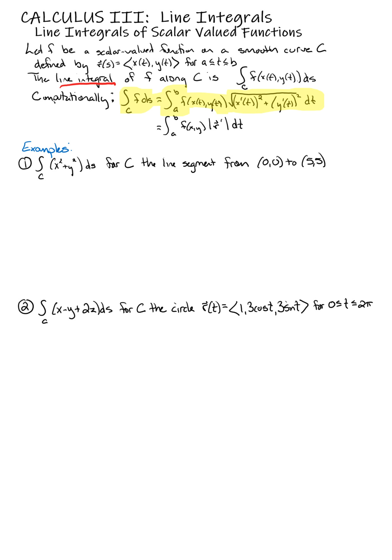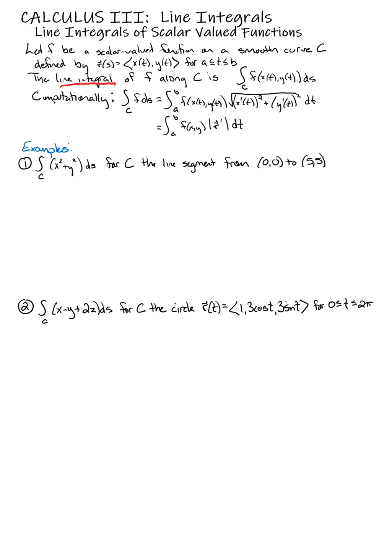But of course, that little bit in the back is really the magnitude of r prime. So I can compute a line integral over a scalar valued function as the integral from a to b of f of x, y times the magnitude of r prime.